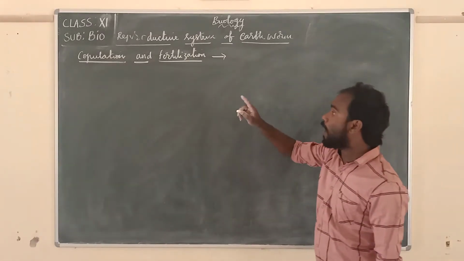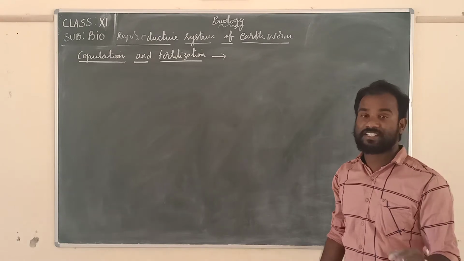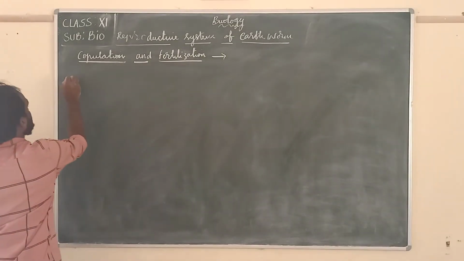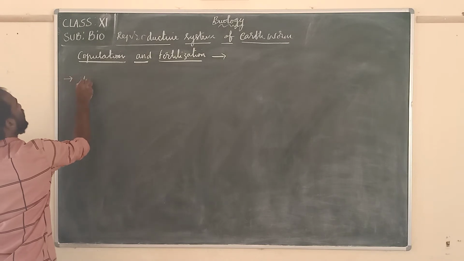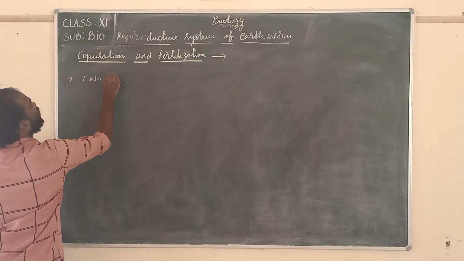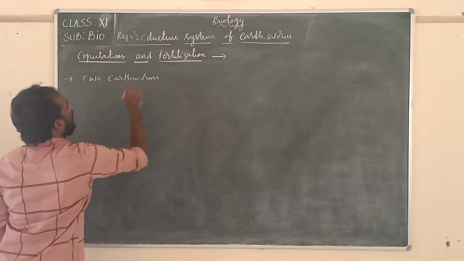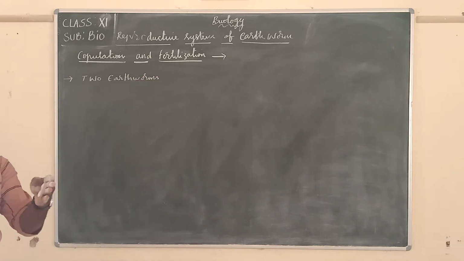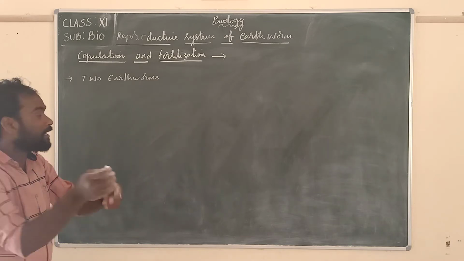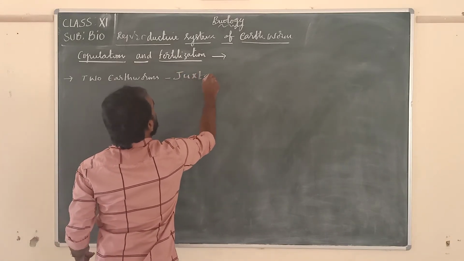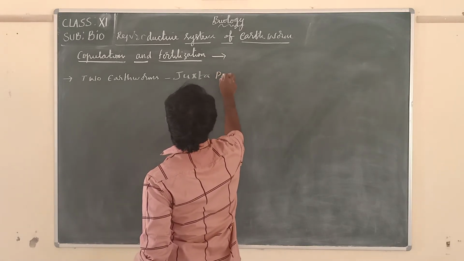Now let us see how copulation and fertilization takes place in earthworm. First of all, during copulation, two earthworms come together in juxtaposing position.